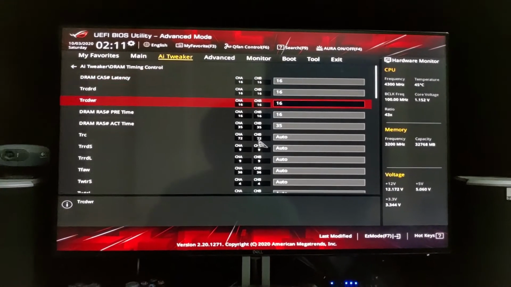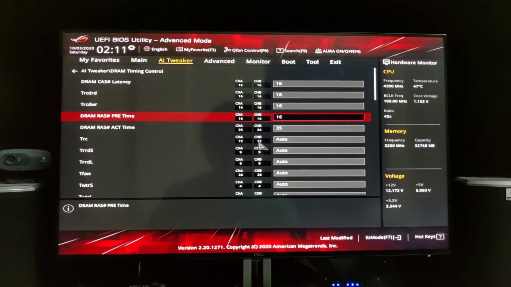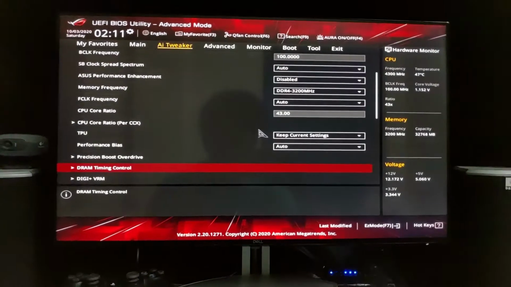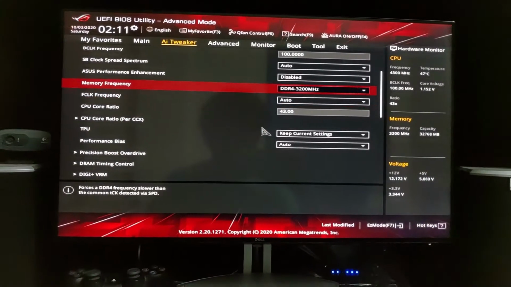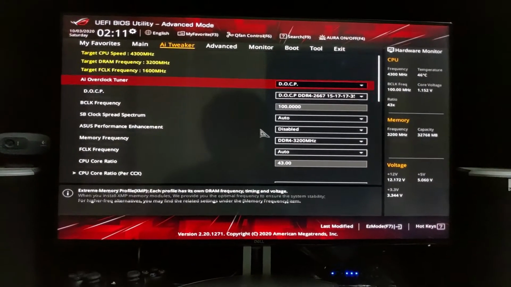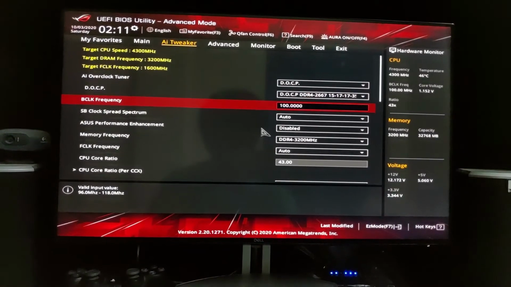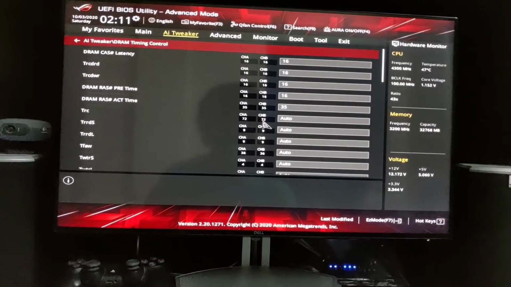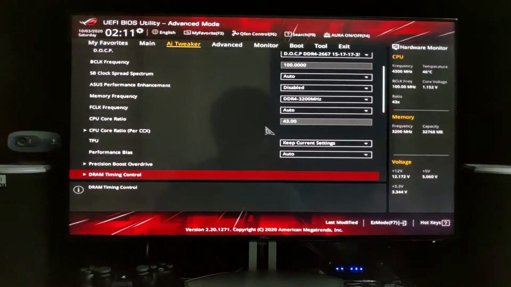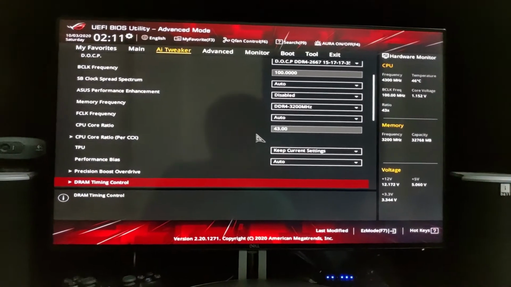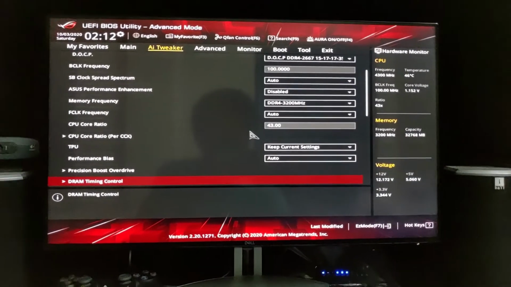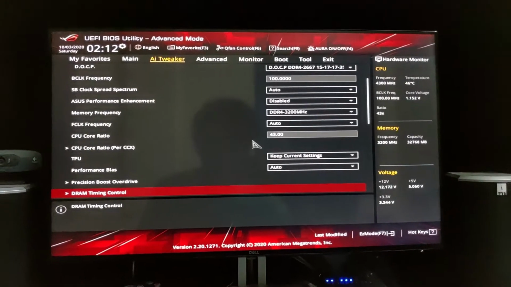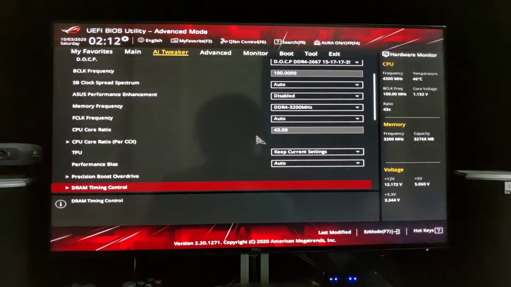I managed to keep timings of 16, 16, 16, 36 for my RAM, even at a higher frequency. The only thing I essentially had to increase was the first value, the DRAM CAS latency. These RAMs are Kingston HyperX Fury with SK Hynix chips, which are known for their good overclocking potential, and they perform well enough.